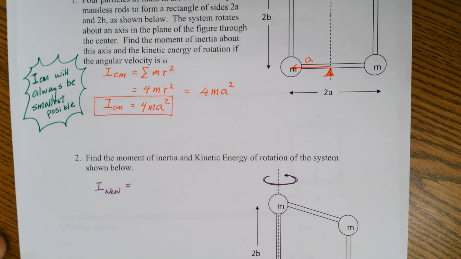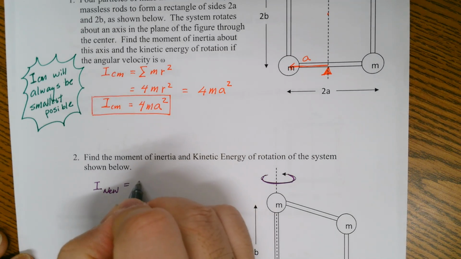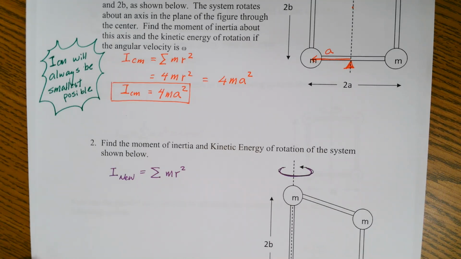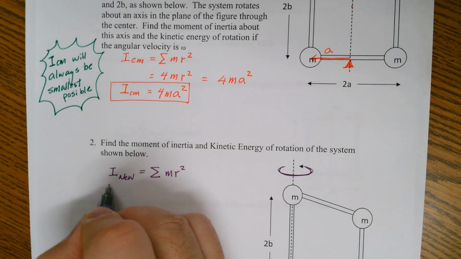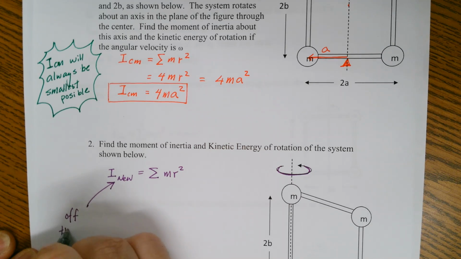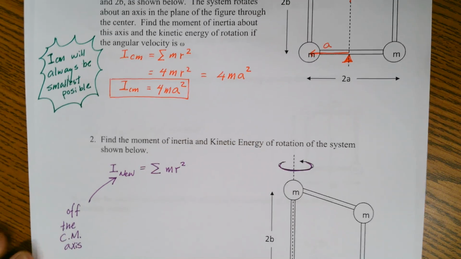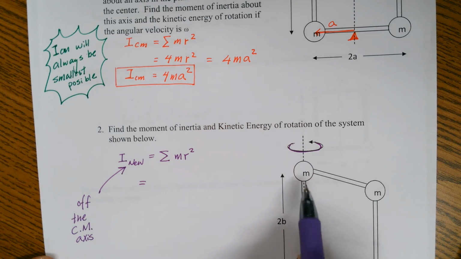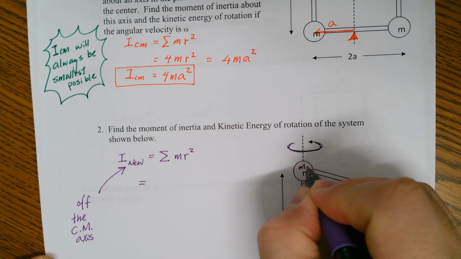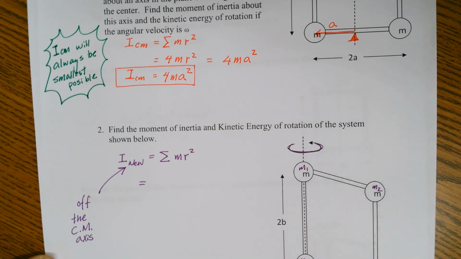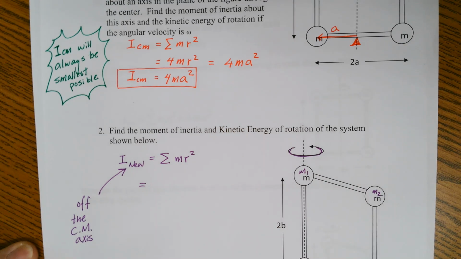So this new moment of inertia is equal to the sum of all the mr squareds, because they're all particles. And because this is off axis, off the center of mass axis, we'll call these M1, M2, M3, M4, just so we can identify them.